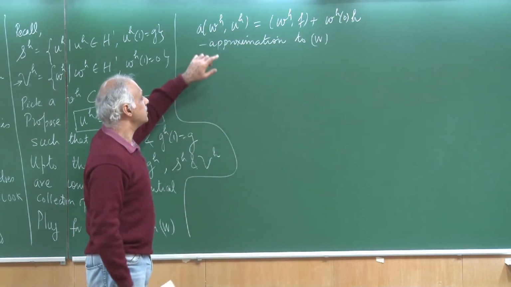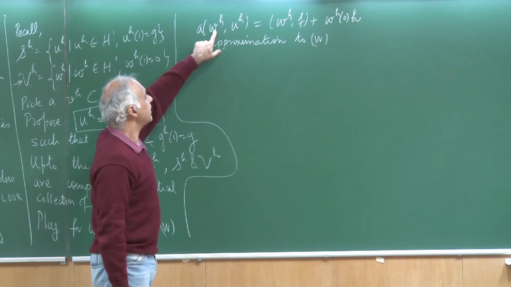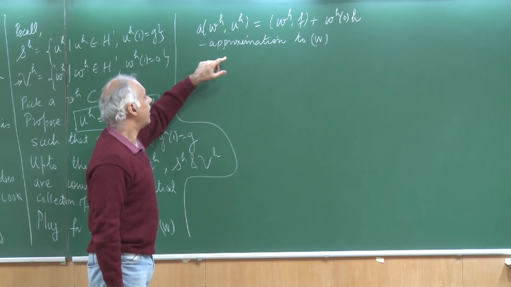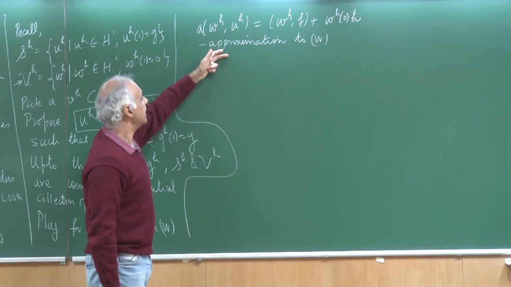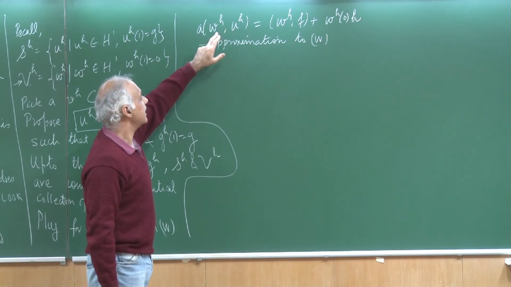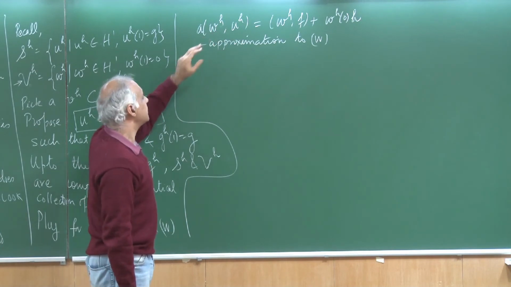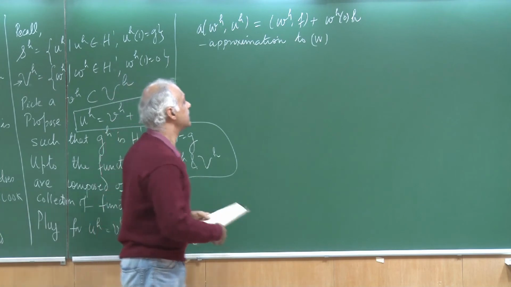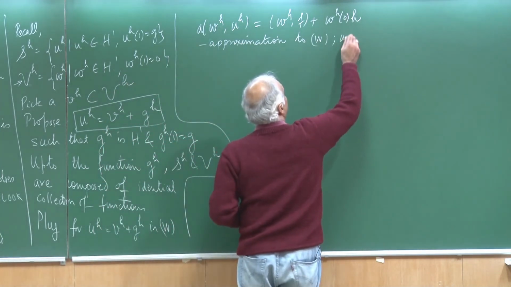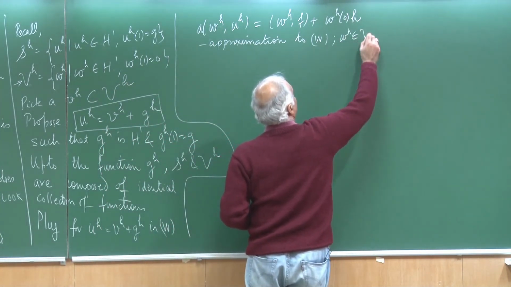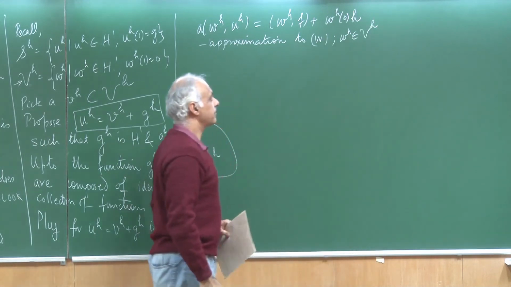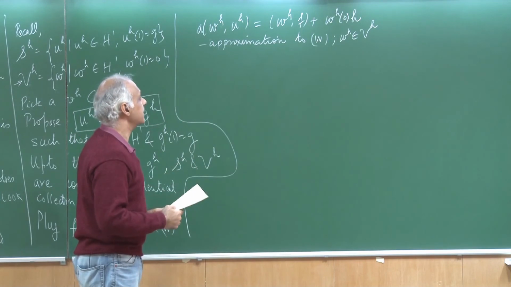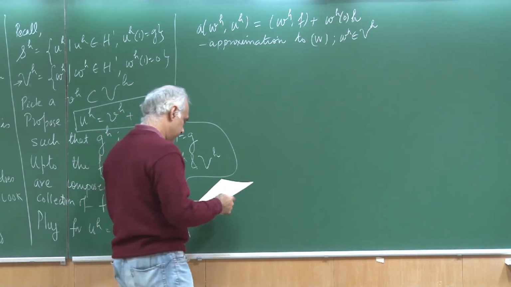Remember, w was to be satisfied for all functions w that belong to the space V, and now I am saying no, I am being a little bit more lenient and I do not want to take the entire space, I will take a subset of V, which is Vh. So wh belongs to the space Vh, and that is why now this weak form is an approximation, and we will call it the Galerkin form.